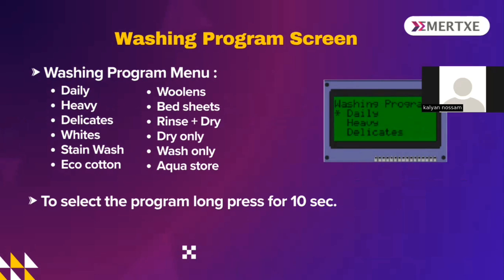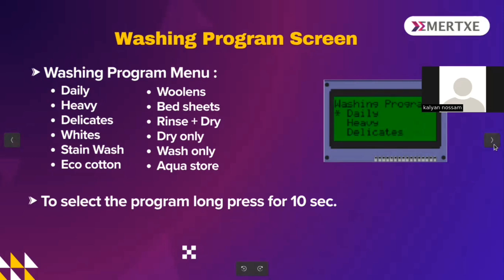There are around 12 washing programs, and I have to select one according to the type of clothes I have to wash. These washing programs will scroll if we press switch 4. For selecting an option, a long press of switch 4 is required for around 5 to 8 seconds.